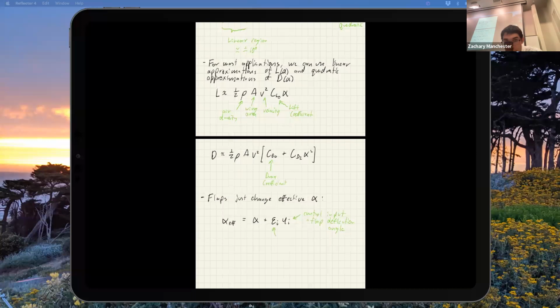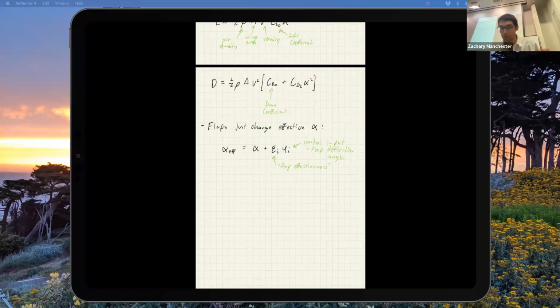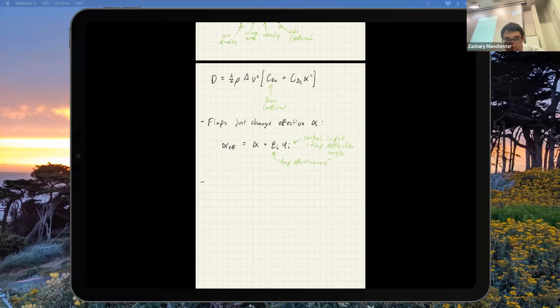This guy is called your flap effectiveness. And again, this is like a wind tunnel model, whatever. And that's it. Then you plug everything in, you get your forces and torques, and you just add everything up.